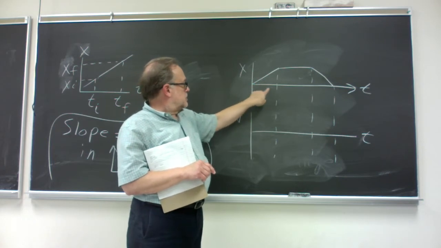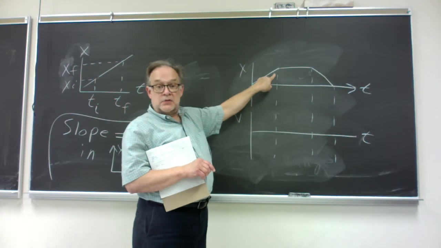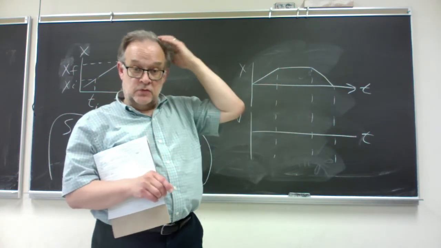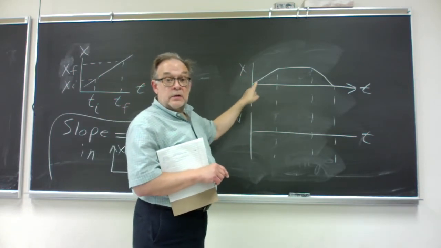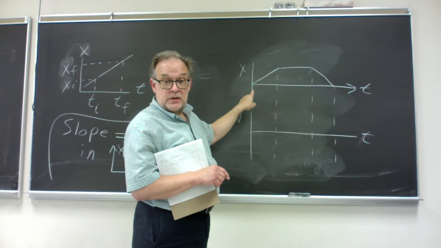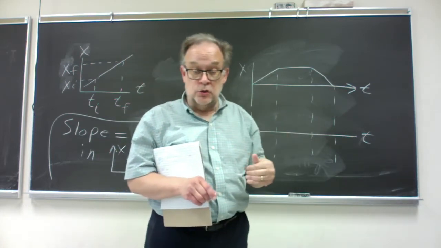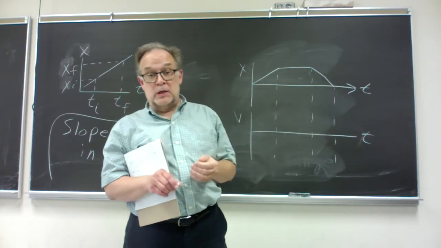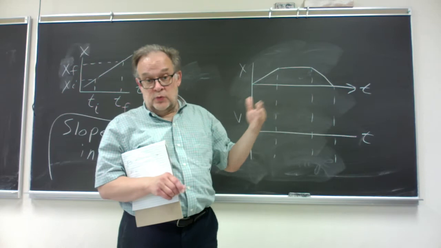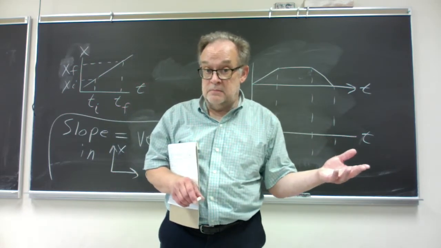Here, during this first time interval, the object is moving towards more and more positive locations. That the direction of motion is positive. The final location is always more positive than the initial location. The final location is greater than the initial location. So the displacement is positive. And as we've seen before, direction of displacement is the same as the direction of average velocity.